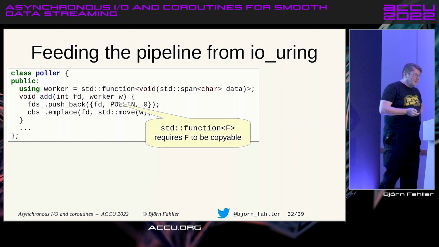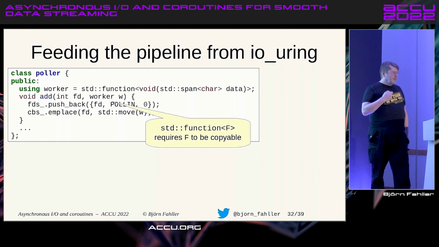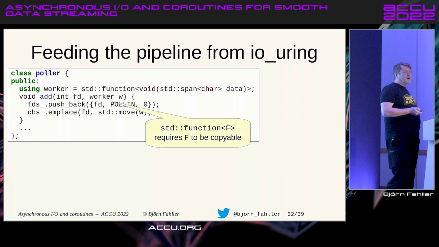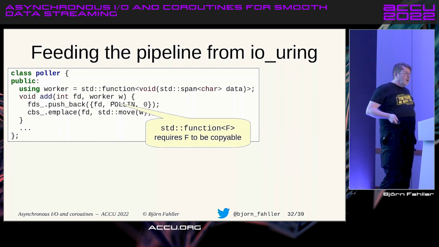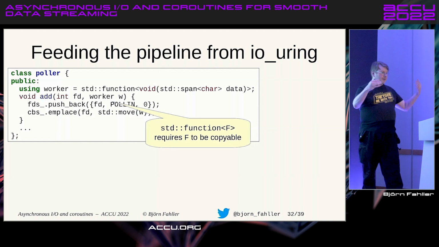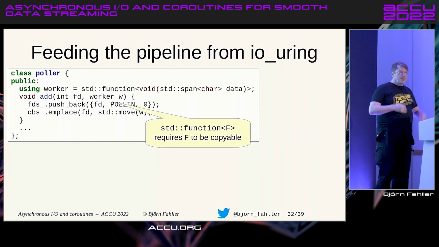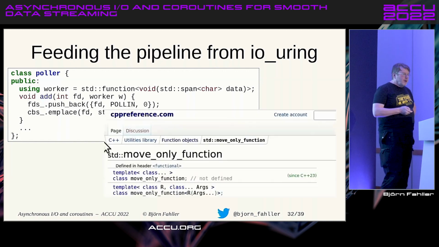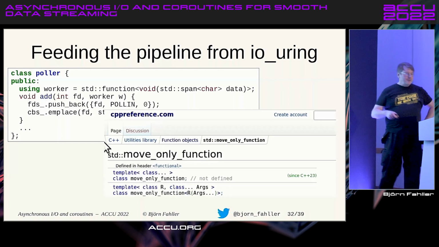The problem is that we have this worker callback that is a std function. And std function requires that whatever it is given, its type T, must be copyable. And I just said that our Coro stage objects are move only because we will hold unique pointers. So bummer. Right, but we have move only function. That is cool.